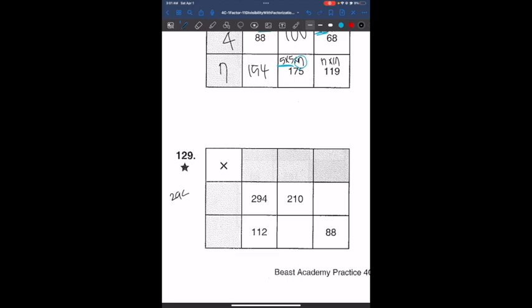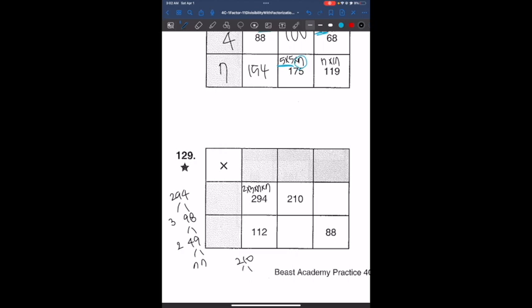So 294 can be expressed as 2 times 49. 49 is 7 times 7, so 294 can be expressed as 2 times 3 times 7 times 7.